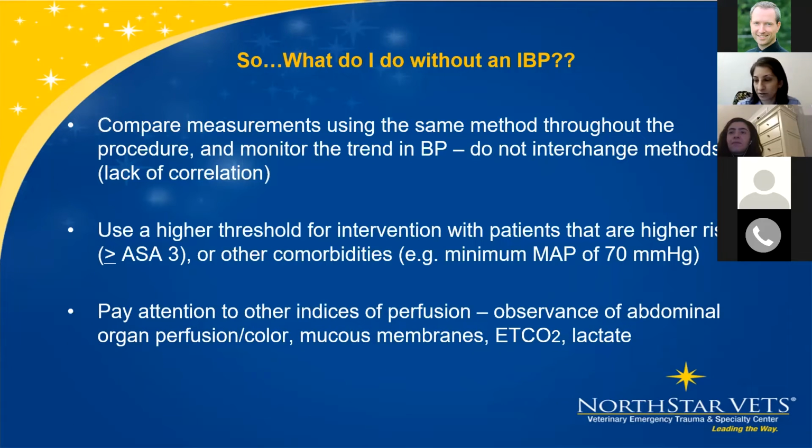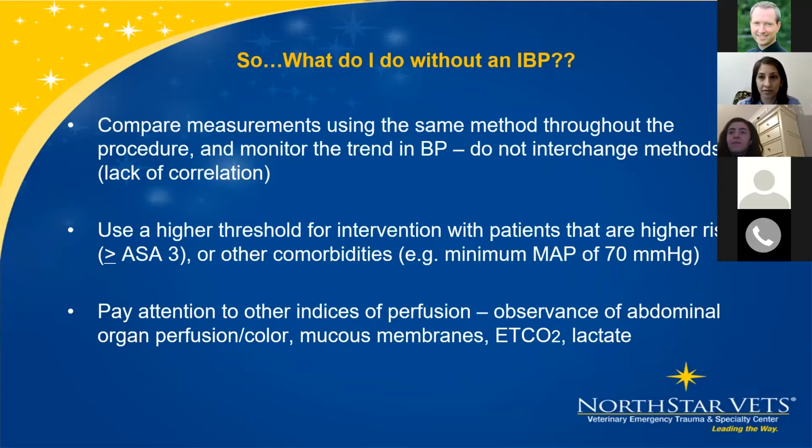And finally, I would say that while blood pressure really is something that helps us to estimate the patient's global cardiovascular status, it's not necessarily equivalent to cardiac output or tissue perfusion.